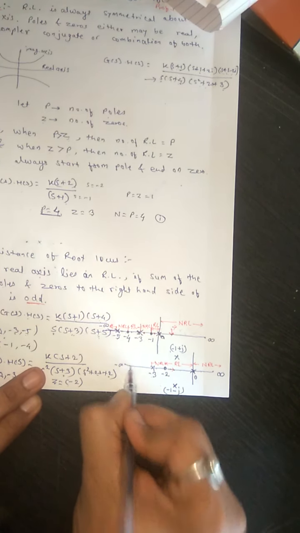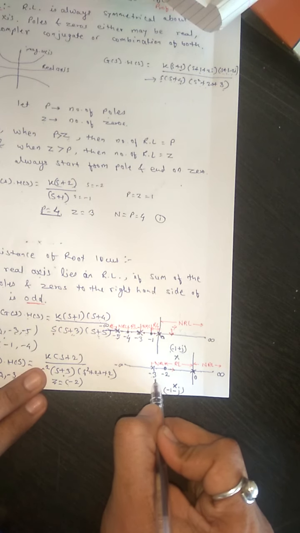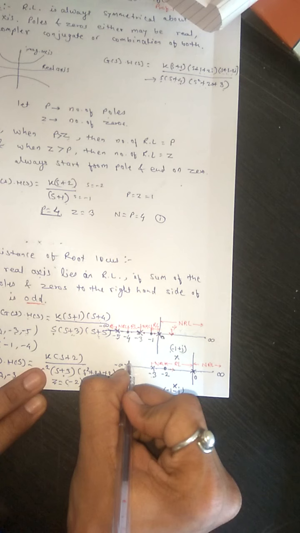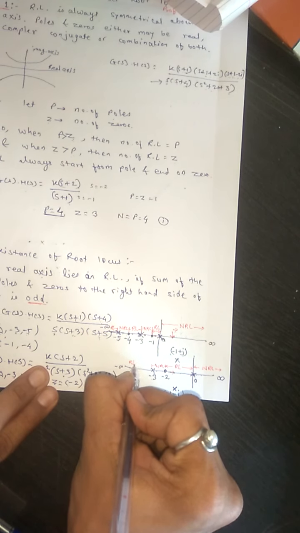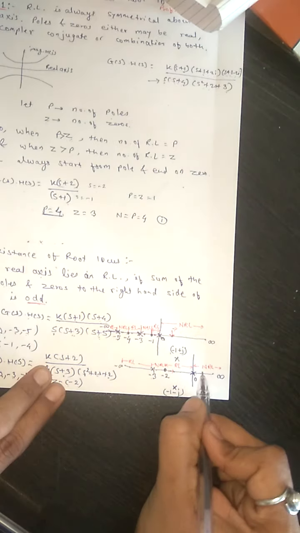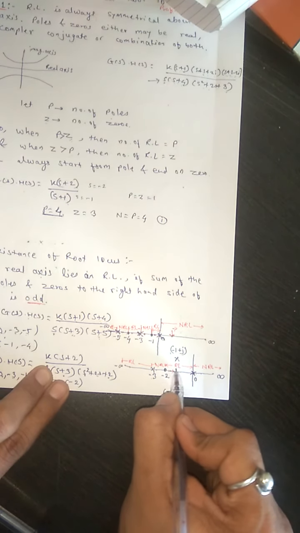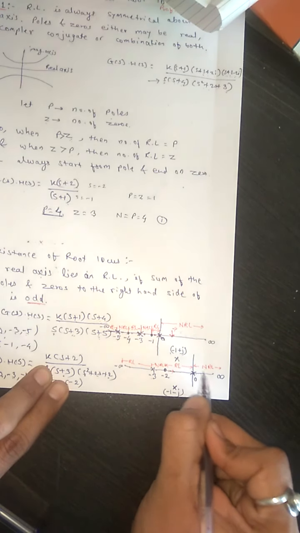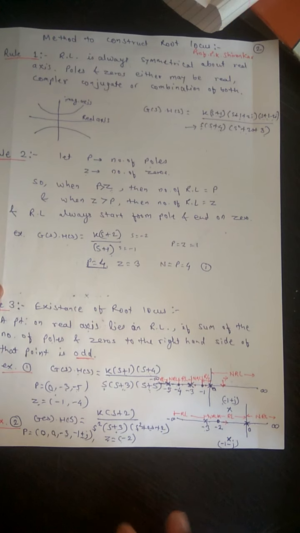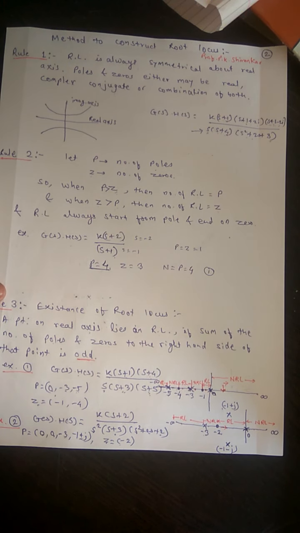Put your point here and check the number of poles and zeros combinedly: 1, 2, 3. 3 is an odd figure, so root locus region. What does it mean? RL, NRL. Here we can draw root locus, here we can't draw root locus. That's it. Okay. Further rules we will discuss in the next lecture. So thank you.